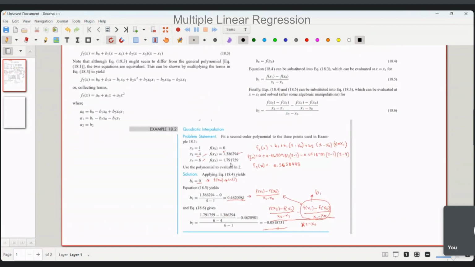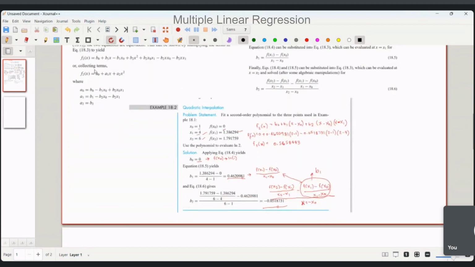Okay. So, we need to do this one here. Okay? Naa naman tay B0, naa na tay B1 and B2. So, we need to solve our A sub 0.